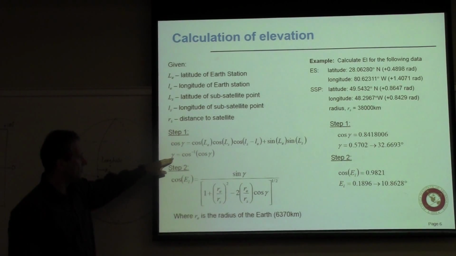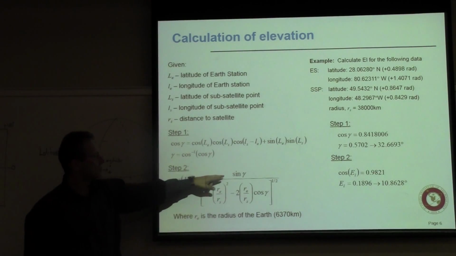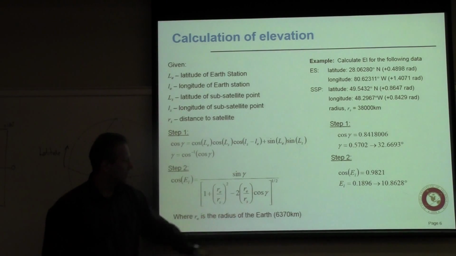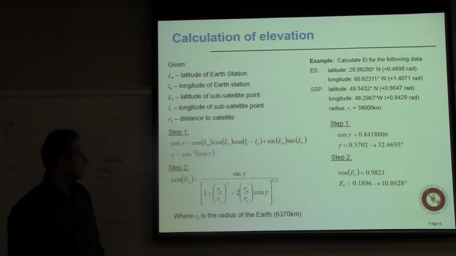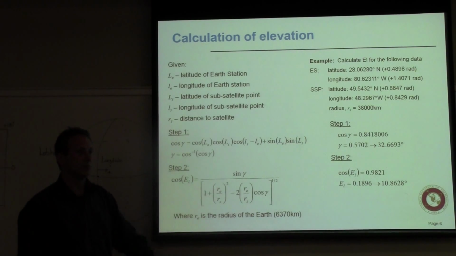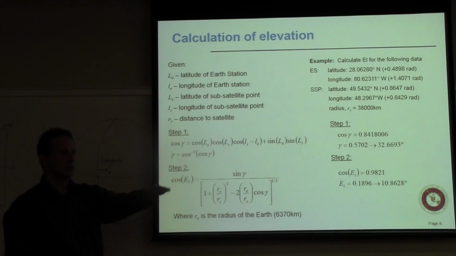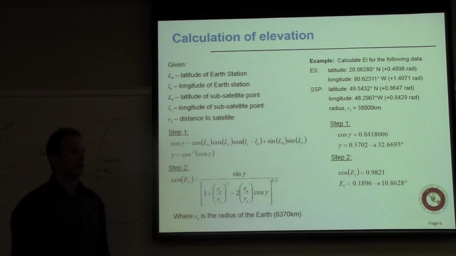You get your gamma, and then once you know gamma, the cosine of the elevation is the sine of gamma divided by what I have downstairs, and then the elevation is the inverse cosine of this particular angle. The inverse cosine might give you two angles, plus minus something. You always take plus, because negative elevation makes no sense, because it's below the horizon. You cannot communicate below the horizon.